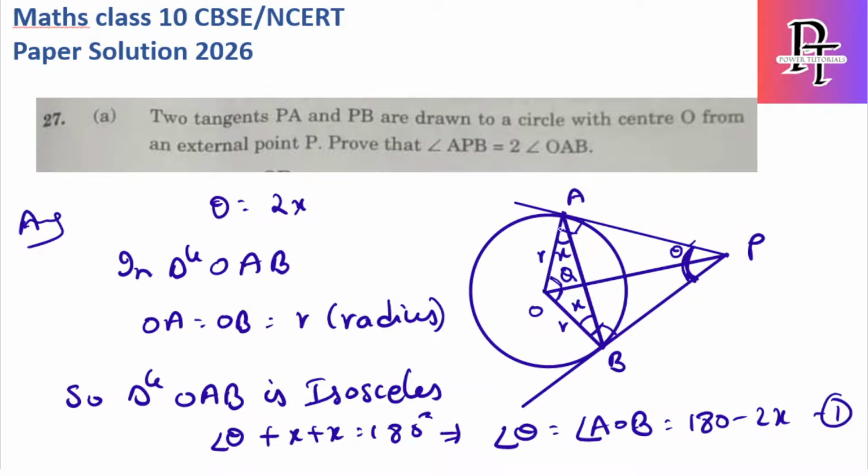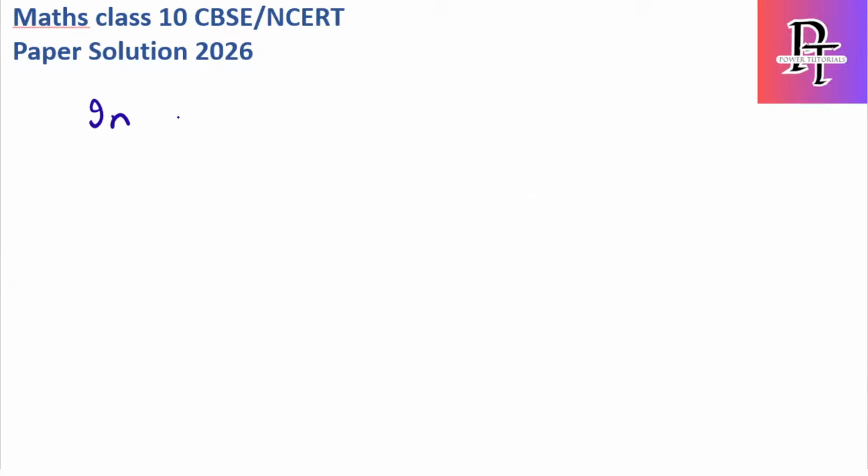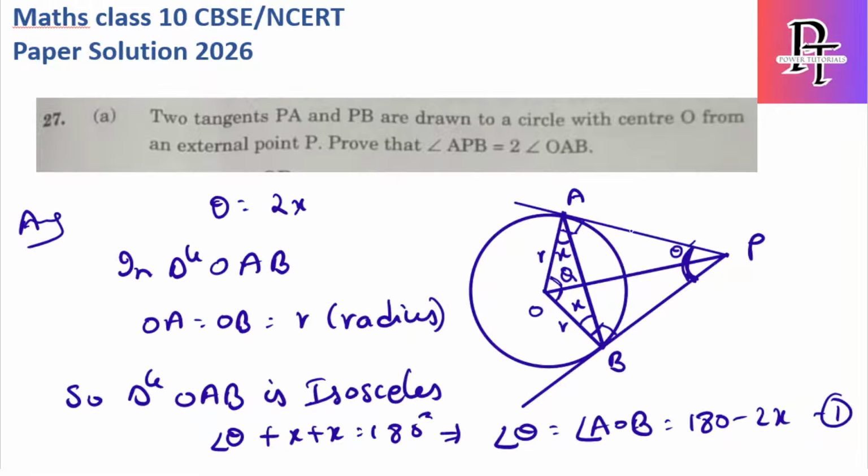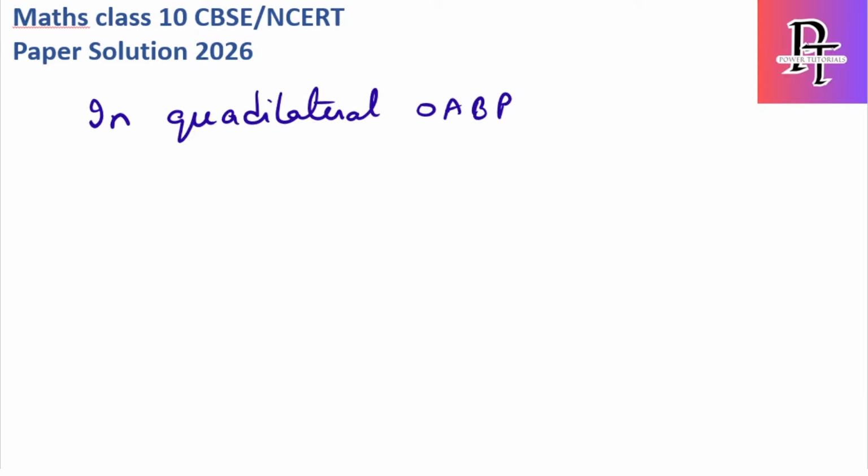Consider the quadrilateral OABP. In quadrilateral OABP, the sum of all angles of a quadrilateral is always 360. So theta plus 90 plus angle AOB plus 90 is equal to 360.